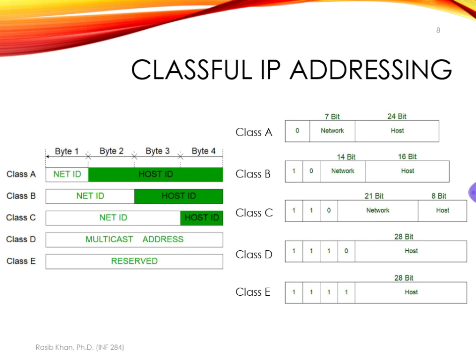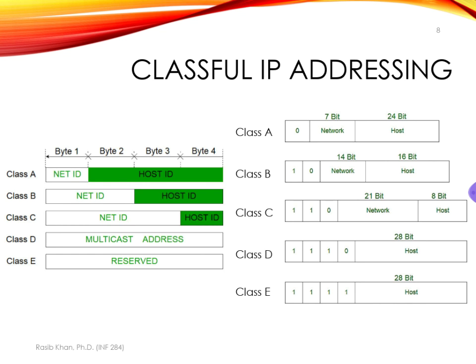So in IP, there's a concept that we call classful IP addressing. This means that based on the bit settings of each IP address, we can classify or separate the IP addresses into different ranges, and each of these ranges is called a class. Remember, we said that an IP address has 2 parts, a network part and a host part.